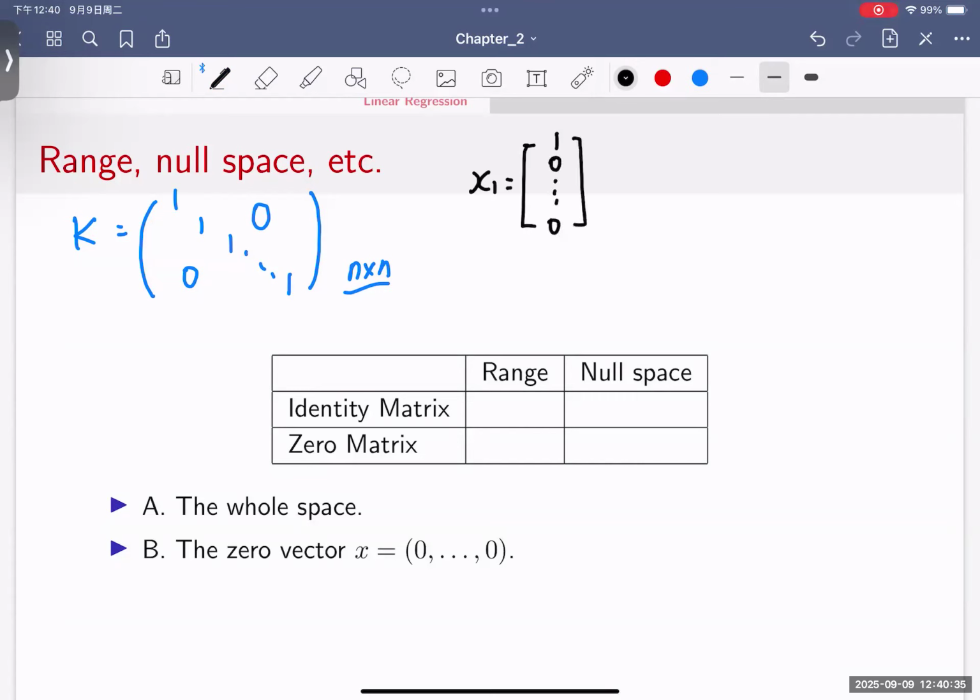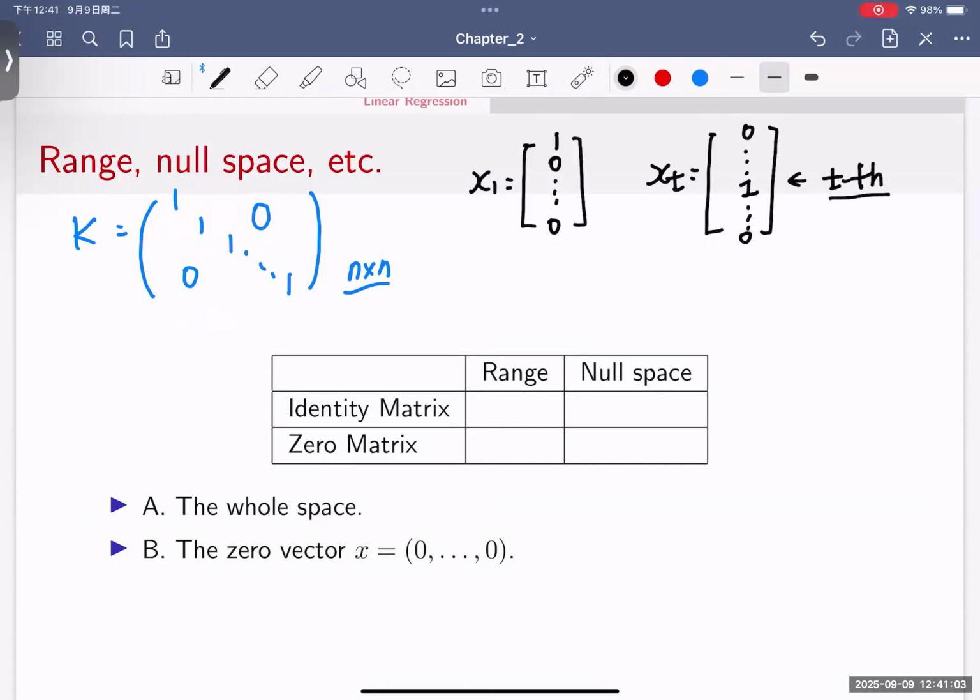And x2 is just the second element being 1. So we just treat it column by column. So, for example, xt just stands for the tth element here.